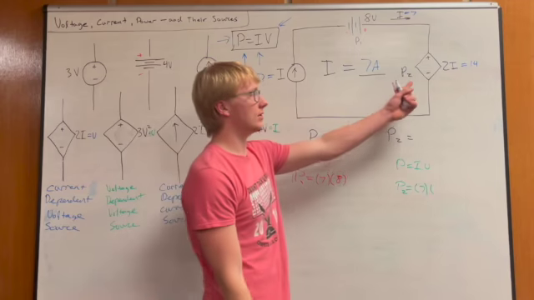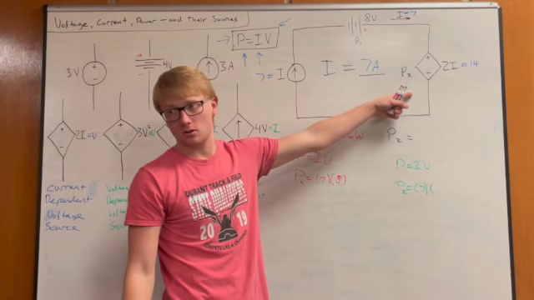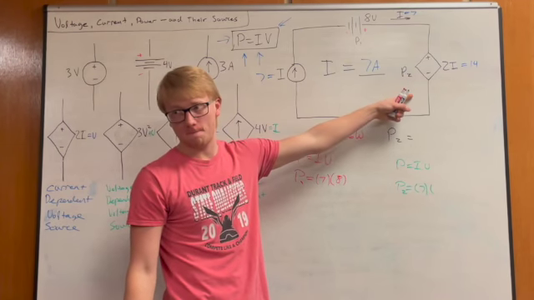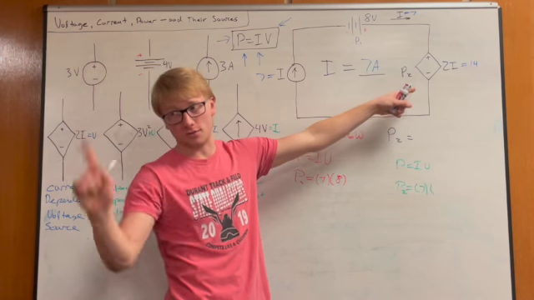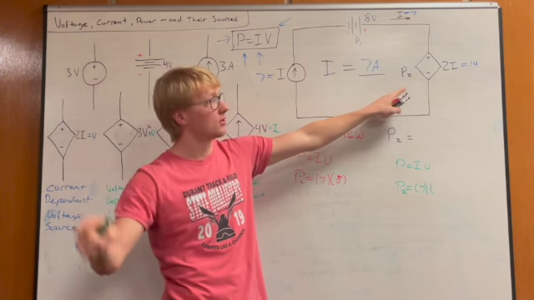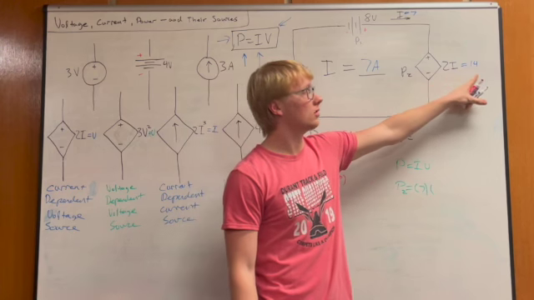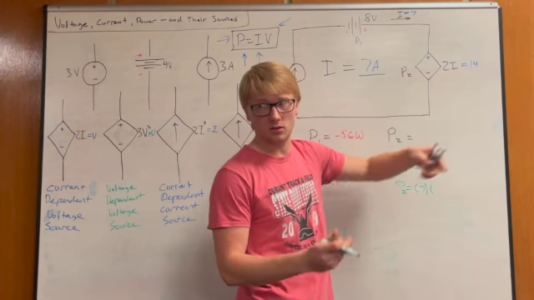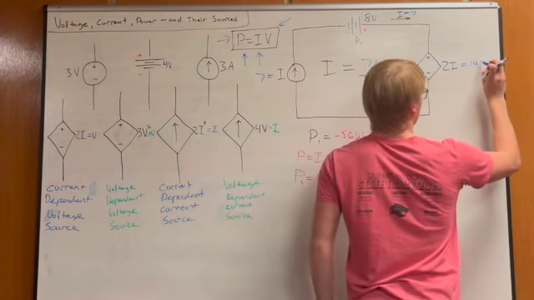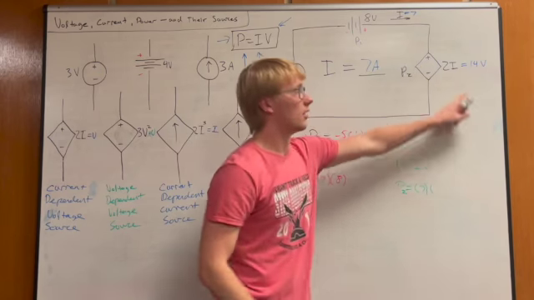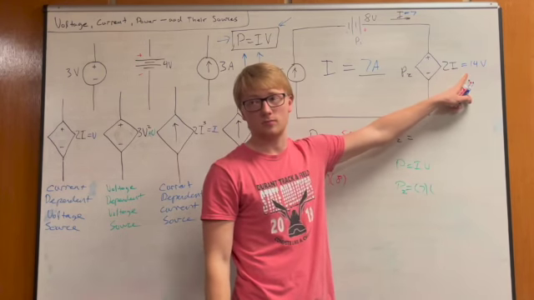But what type of source is this? It's a current dependent voltage source, so it's a voltage source. So this number right here is in volts. That's our voltage. Does that make sense?